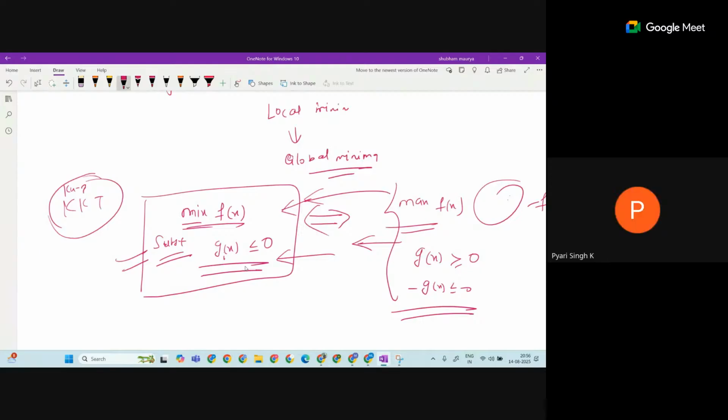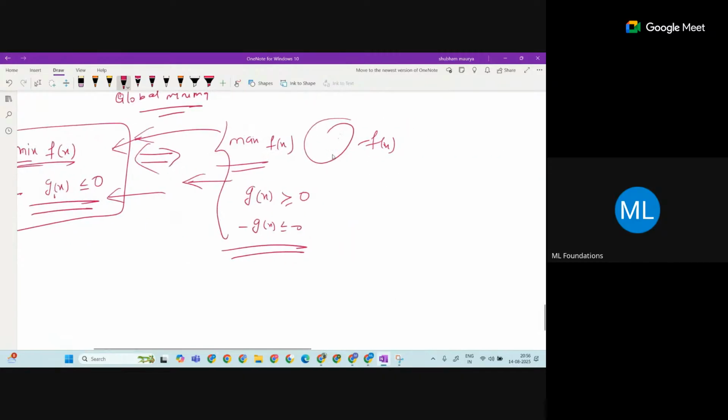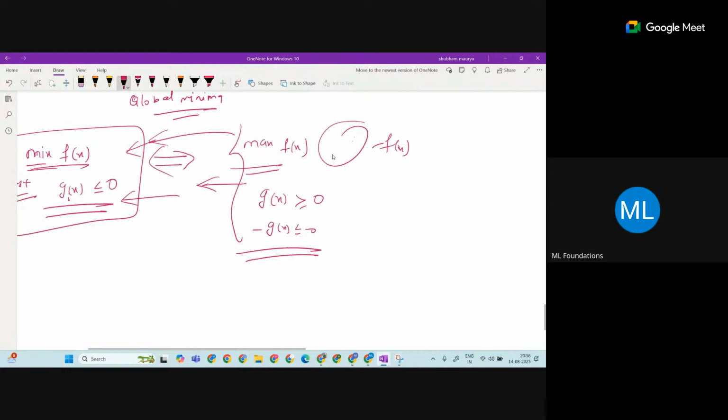So did you mean to say that when we change the function to negative, the constraint also changes from less than or equal to greater than or equal to? No, I'm not changing the constraint. Changing the constraint accordingly is your primal to dual; that is different.